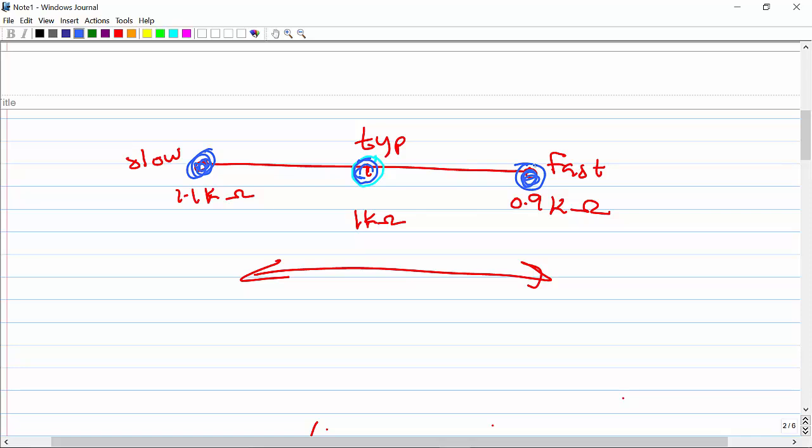In the process corner simulation, we simulated the extreme corners, that is, the extreme condition of how much it can maximum vary in both directions. This is what we explained in the process corner simulation.